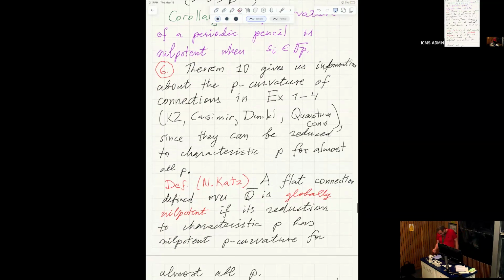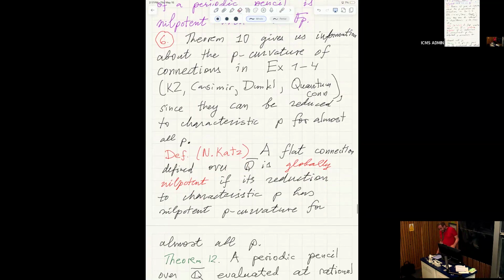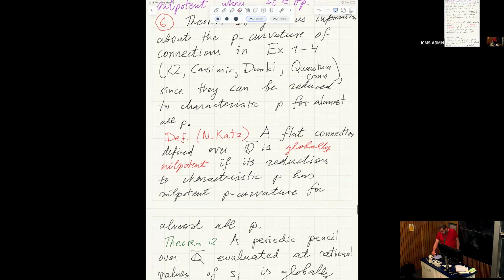And so I should finish soon, but let me connect it to some old work of Nicholas Katz around 1970. He studied p-curvature systematically, and in particular, he defined a flat connection on a variety over algebraic numbers to be globally nilpotent if its reduction to characteristic p has nilpotent p-curvature for almost all p.